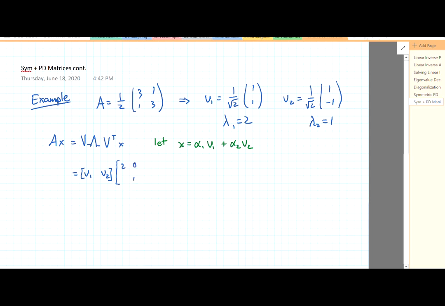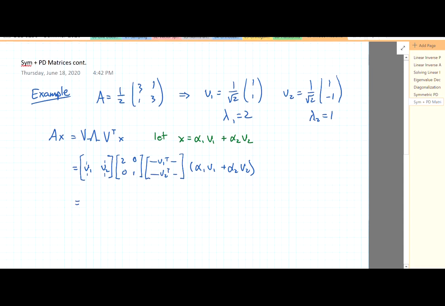[[2, 0], [0, 1]]. So this is our V, and these are vectors here. So I guess I'll change that to v2 like that, and now we have v1 transpose, v2 transpose, and this is times alpha 1 v1 plus alpha 2 v2.